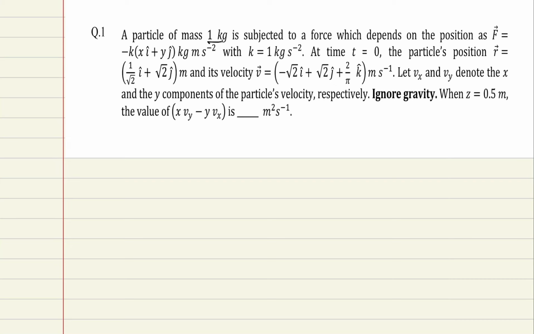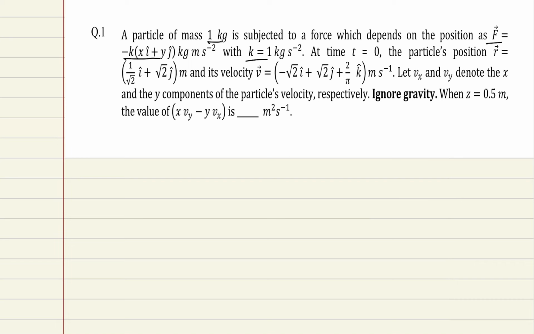A particle of mass 1 kg is subject to a force F bar equal to minus k (x i cap plus y j cap) kg meter per second minus 2, where k is 1.